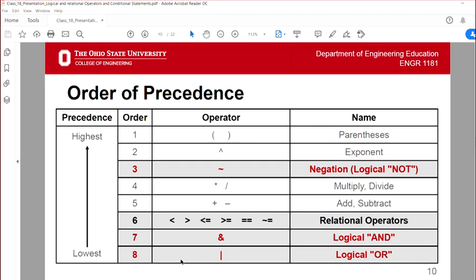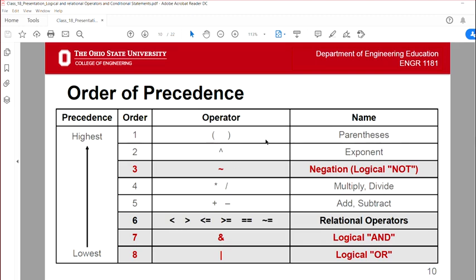As you can see, the lowest is the logical OR, followed by logical AND, then all the relational operators have the same priority, and when we see them, we process them from left to right, followed by the plus and minus, followed by the multiplication and divisions, and then the logical NOT, followed by the exponents, and the highest precedence is for the parentheses.